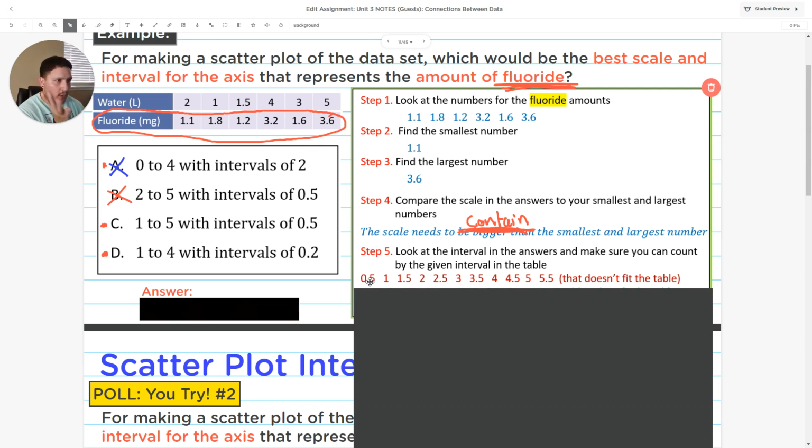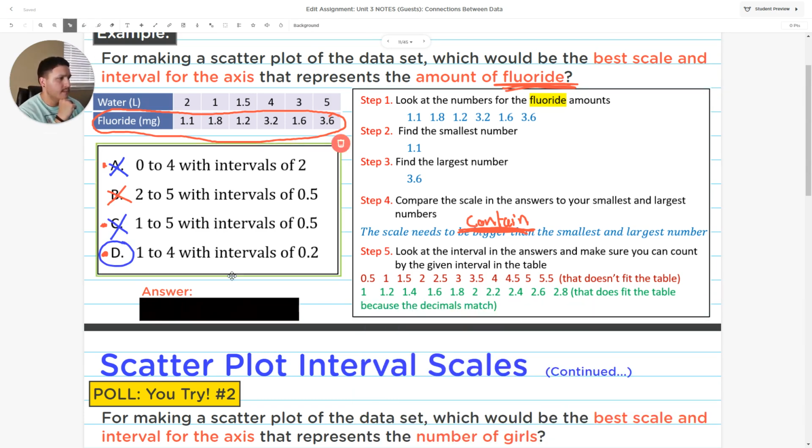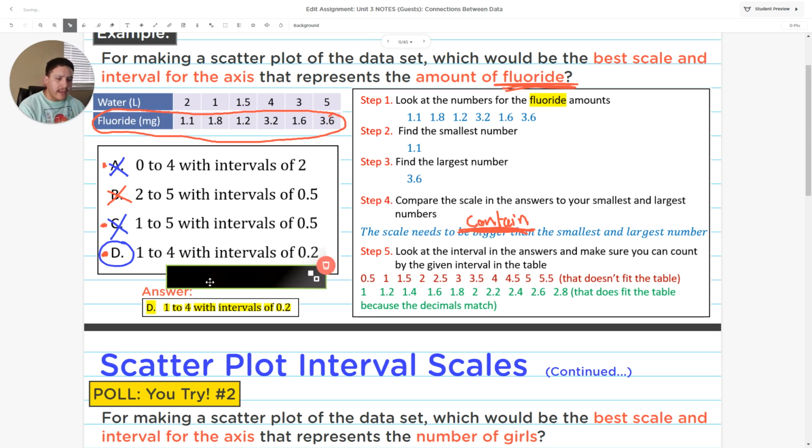So for right now, we're going to skip C and check out letter D. So starting with 1, we're going to count by 0.2. So 1.2, 1.4, 1.6, 1.8, and so on and so forth. And notice 1.1 gets skipped, but it catches a large amount of the decimal numbers if we continue counting by 0.2. So letter C does not make sense. D is the only one that does in this scenario. Answer is D.